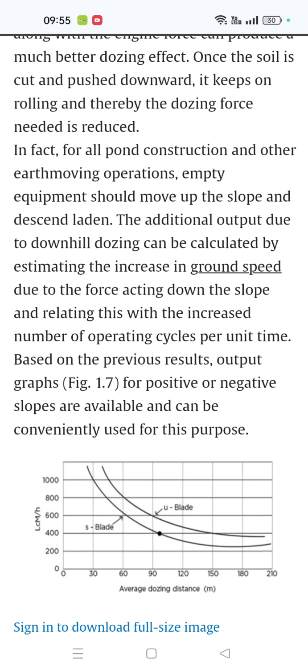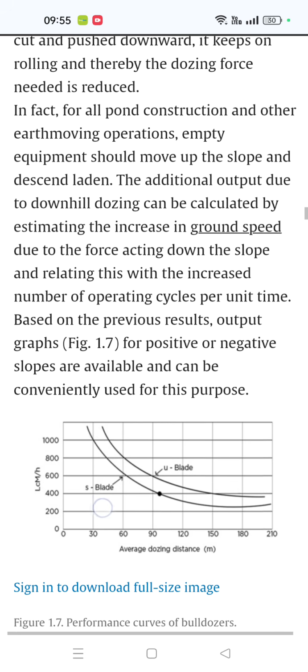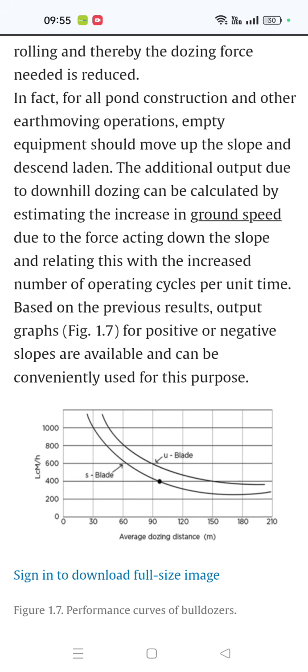The additional output due to downhill dozing can be calculated by estimating the increase in ground speed due to the force acting down the slope and relating this with the increased number of operating cycles per unit time based on the previous result.